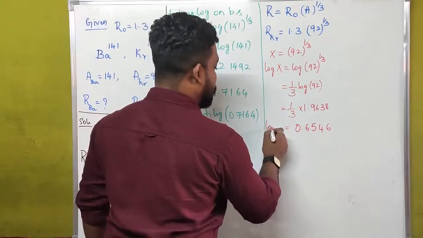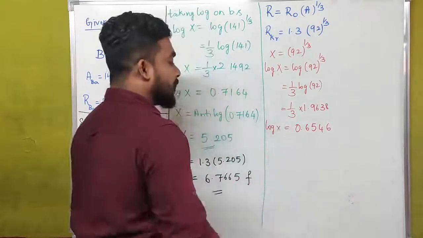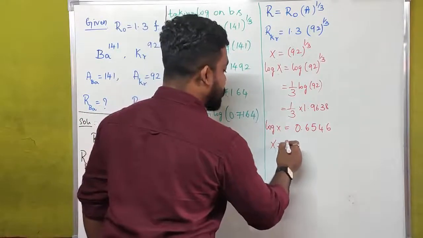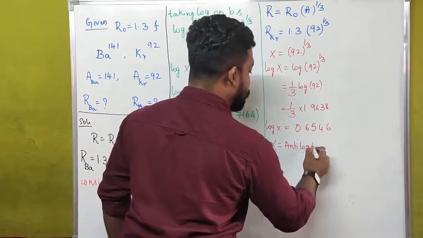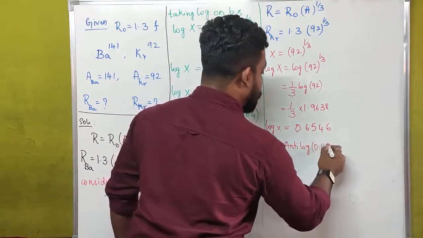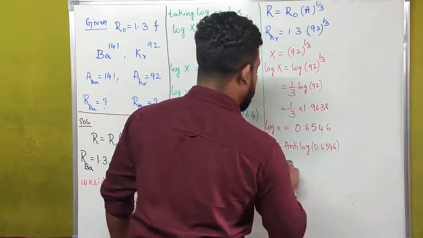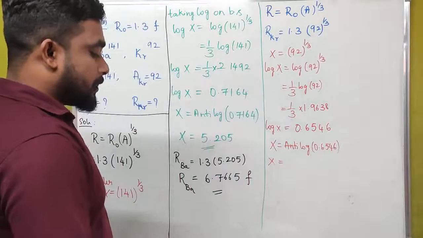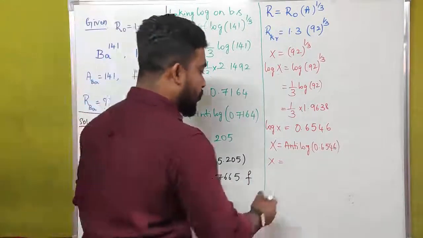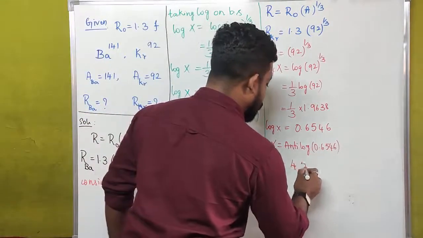Actually, this is the value of log x. What we want here is x. Therefore, we have to calculate anti-log of 0.6546. What is the value of anti-log of 0.6546? That is equal to 4.514.